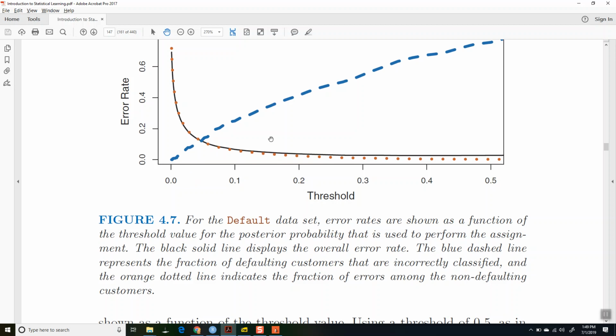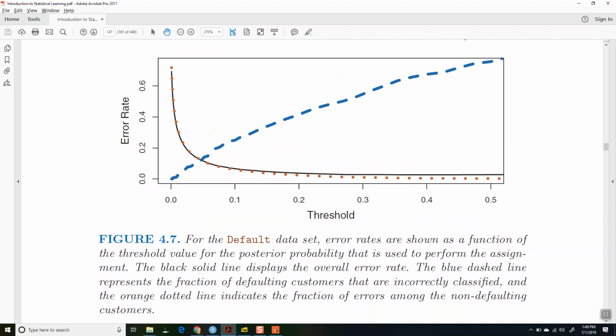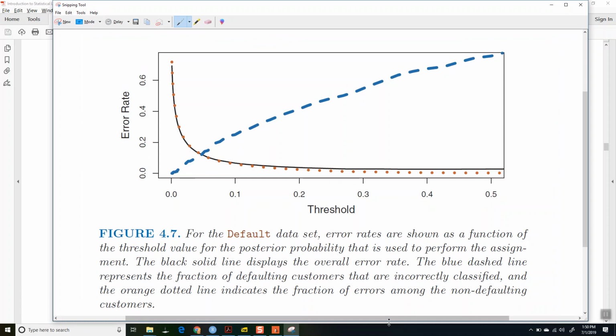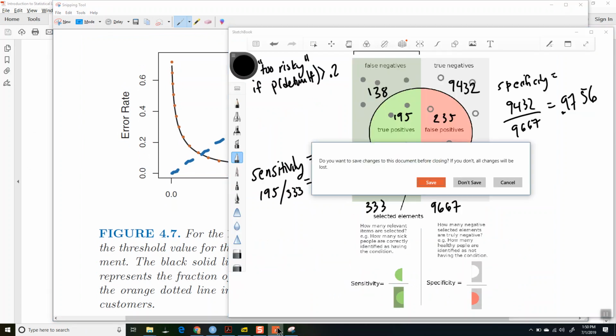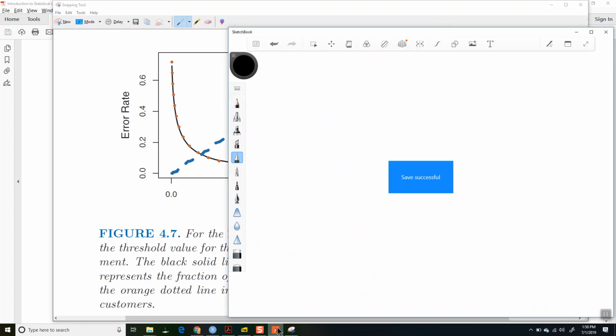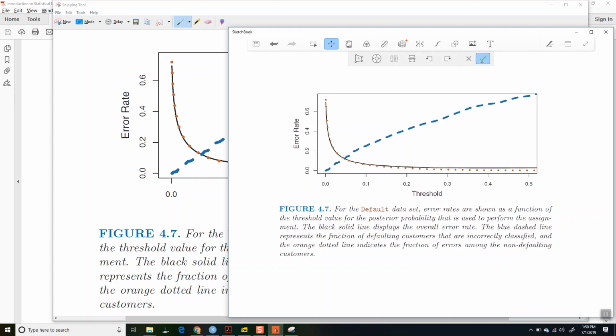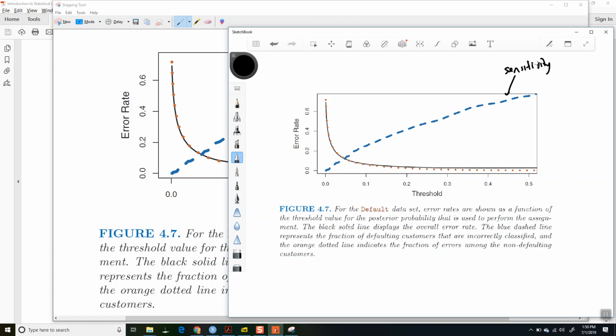And so here, let me copy this. Okay, so this line, we saw the sensitivity go up, and over here the specificity is over here.